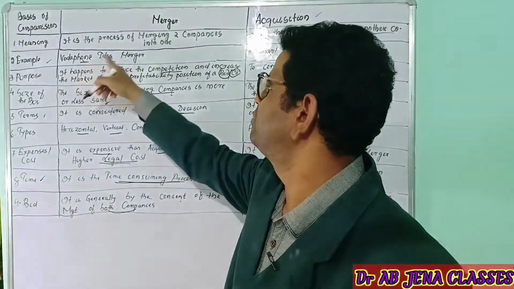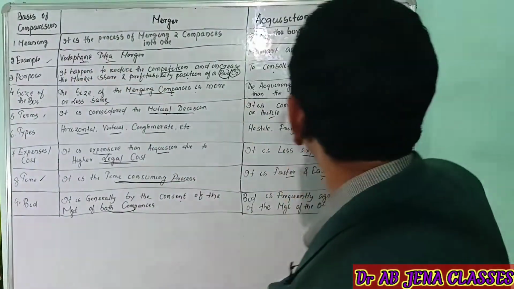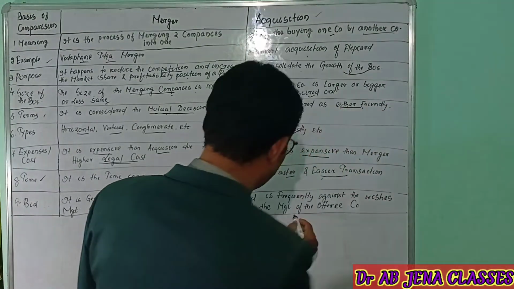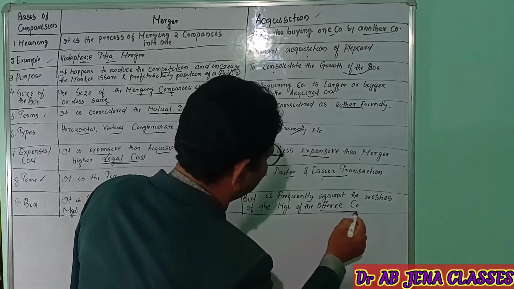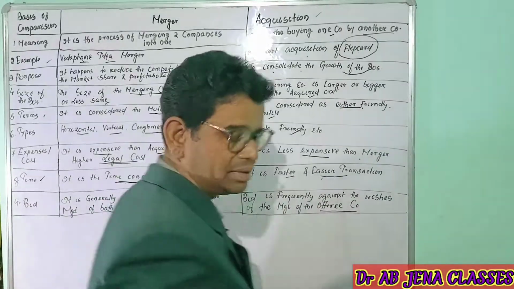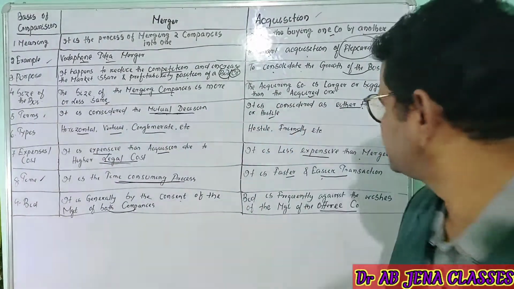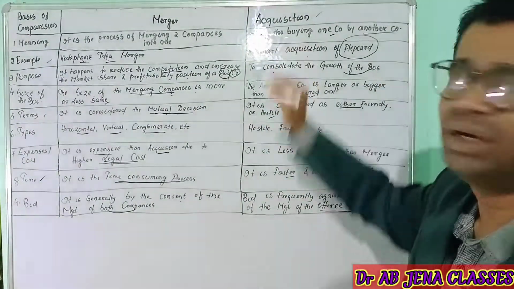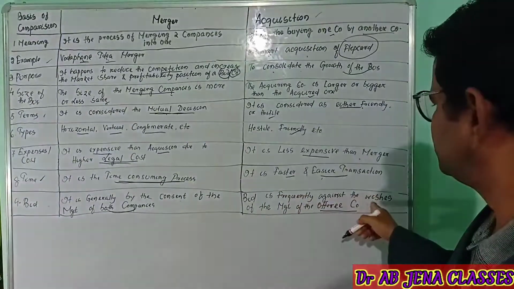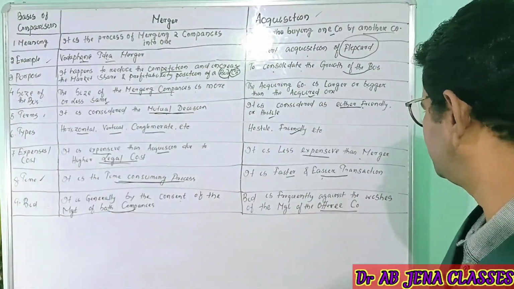But in the case of acquisition, the bid is frequently against the wishes of the management of the offeree company. So here Flipkart is the offeree company and the offeror company is Walmart. That's why the bid is frequently against the wishes of the management of the offeree company.